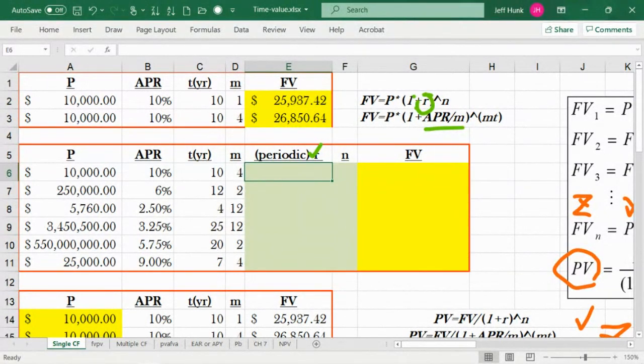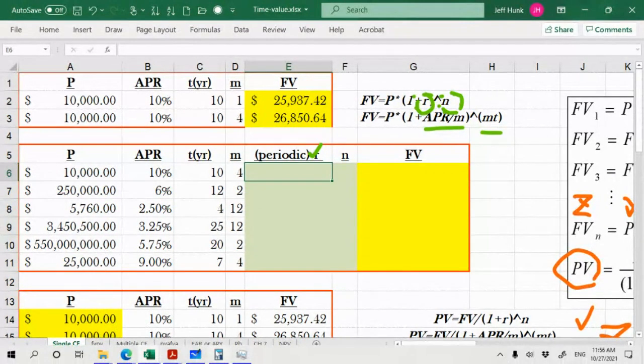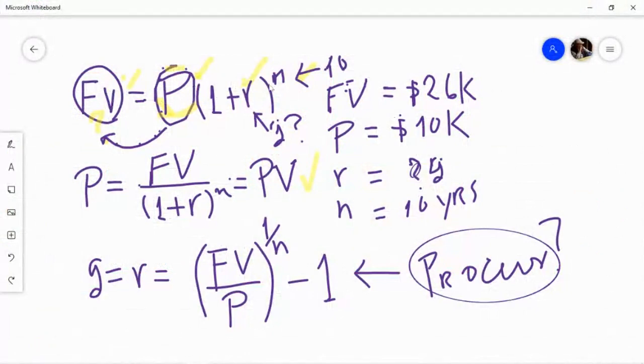And also T times M, that's the actual number of compounding. So the actual number of compounding is N, right? We have been consistently using that notation all this time, right? N, R, and N.